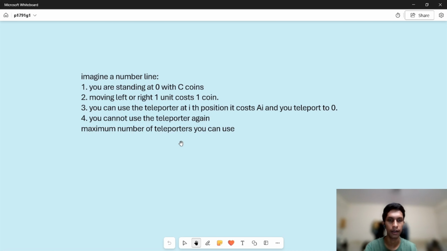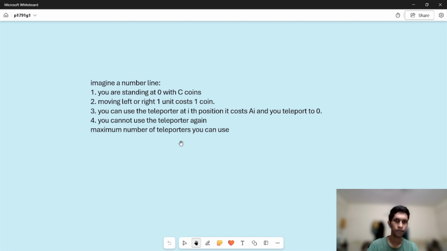We'll talk about it later when we take some test case, we'll get to know it better. After using the door, you go back to the point 0 where you began. Once you use one door, you cannot use it again. Using all these operations, we have to find the maximum number of doors that we can use.